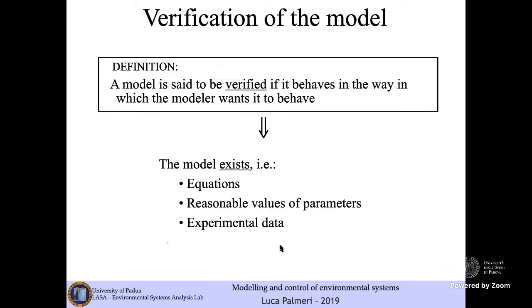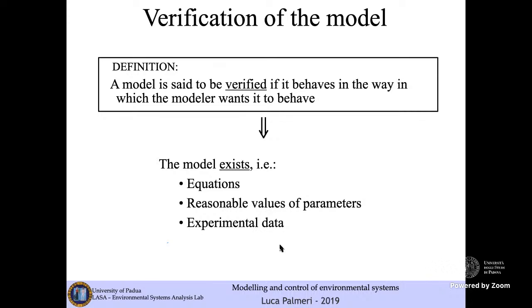first of all, we have to be sure that the model exists, so that there are equations linking state variables. We have to find some reasonable values of the parameters. For example, one parameter may be the settling velocity of phytoplankton, or one parameter may be the growth rate of zooplankton.